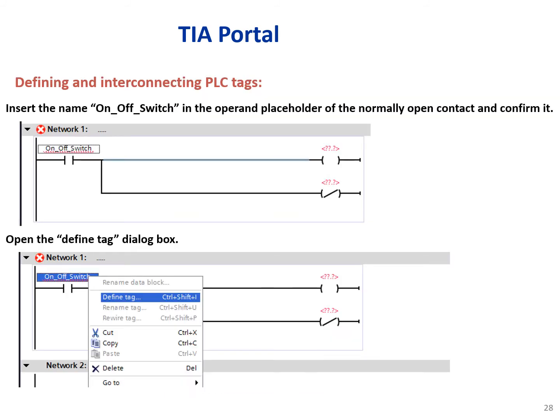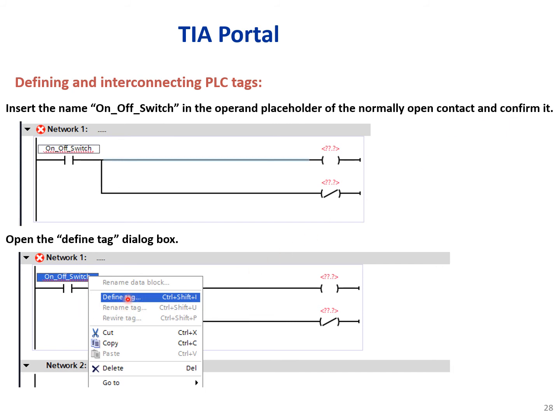Okay, so let's continue with our example and define tags and addresses. Click on the contact and directly write the name you wish, on off switch, in the operand placeholder of the normally open contact and confirm it.